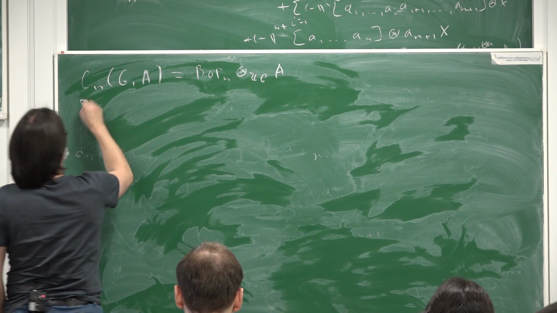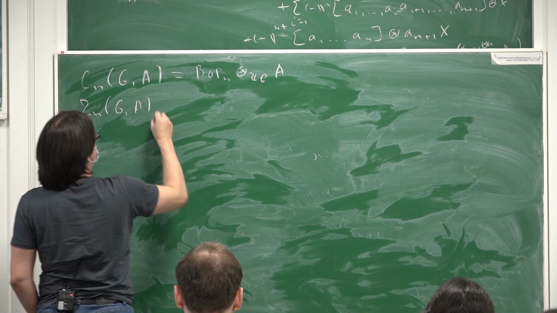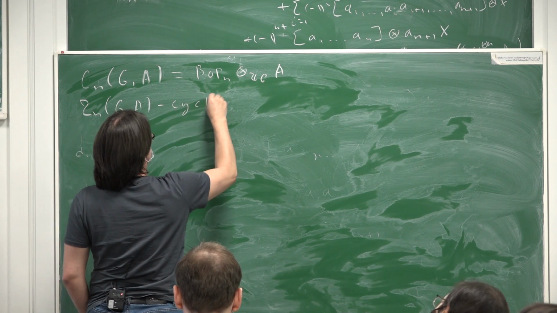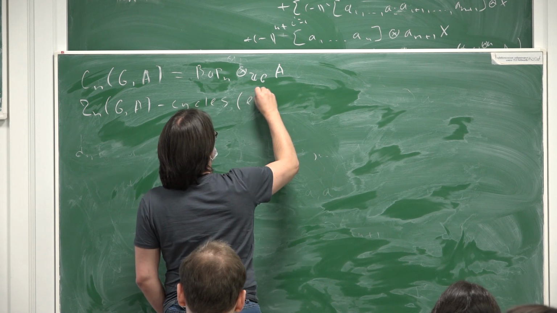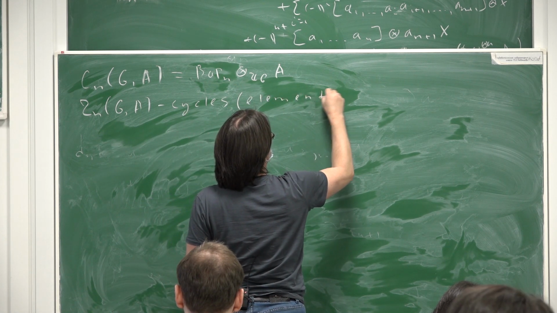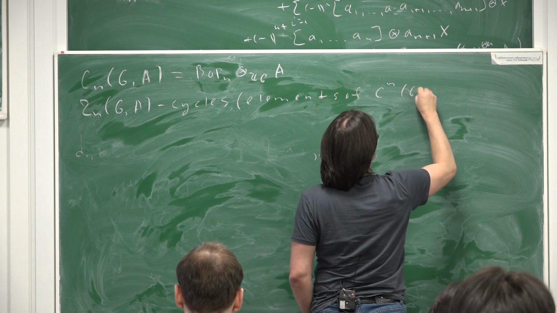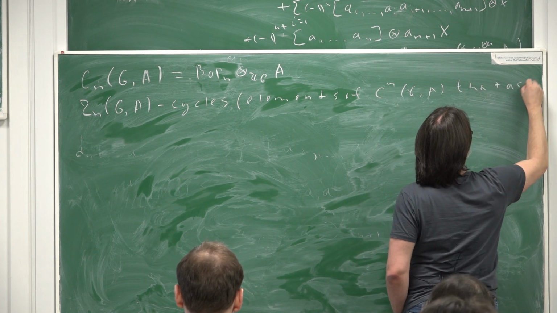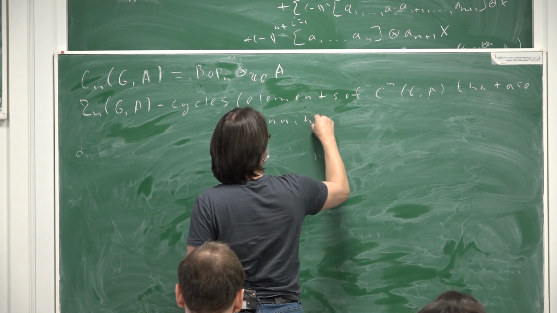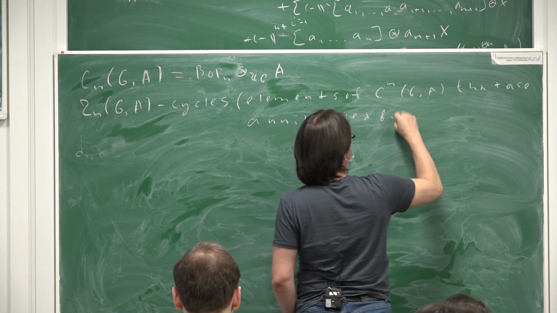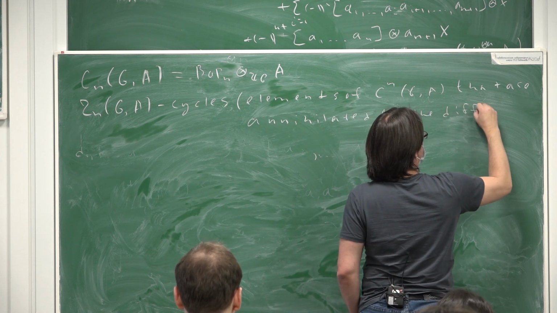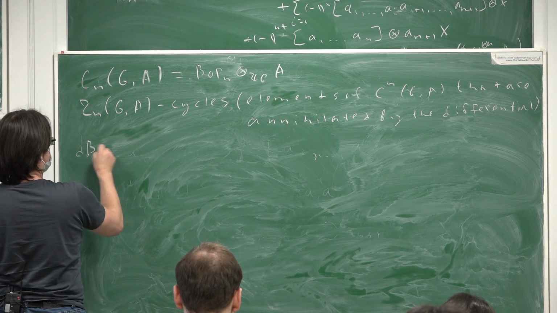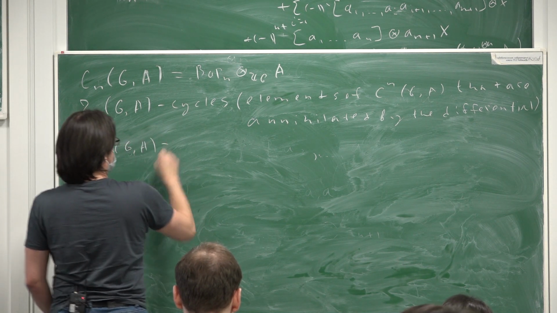By Zn(G, A) we will denote cycles, elements of Cn(G, A) that are annihilated by the differential, and by Bn(G, A) boundaries.